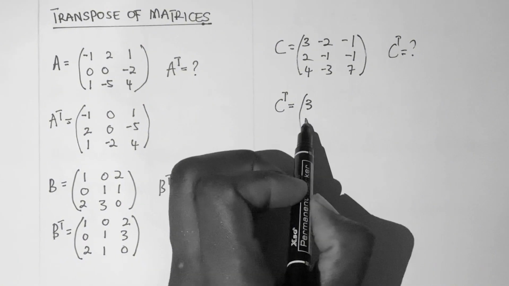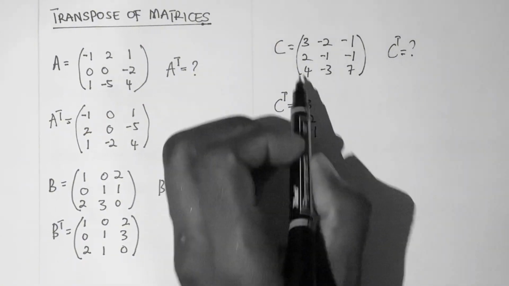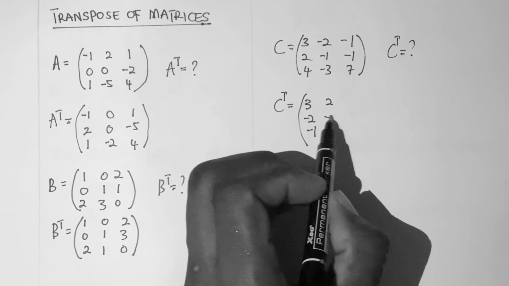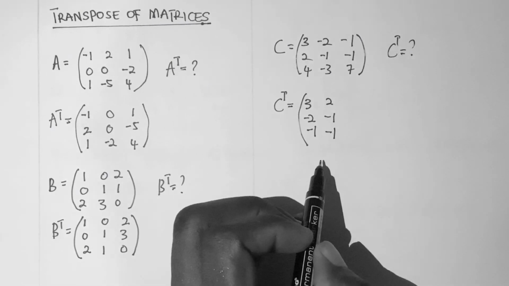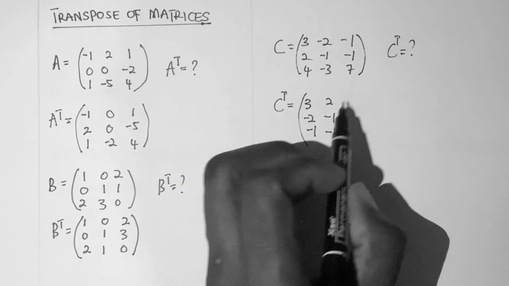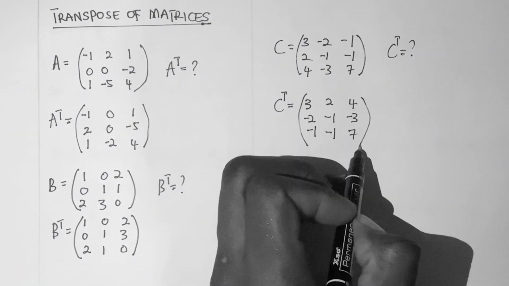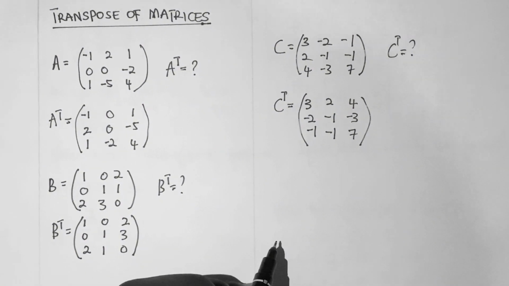So 3 minus 2 minus 1. Take the second row, turn it into the second column. 2 minus 1 minus 1. And then take the third row, turn it into the third column. 4 minus 3, and then 7. So this is the transpose of C.